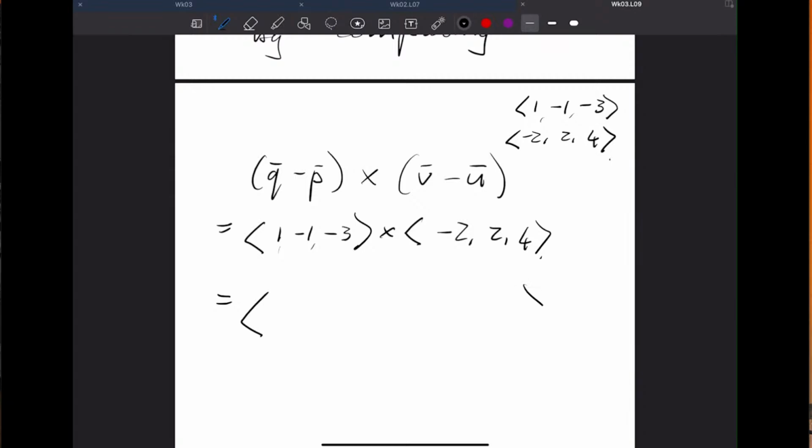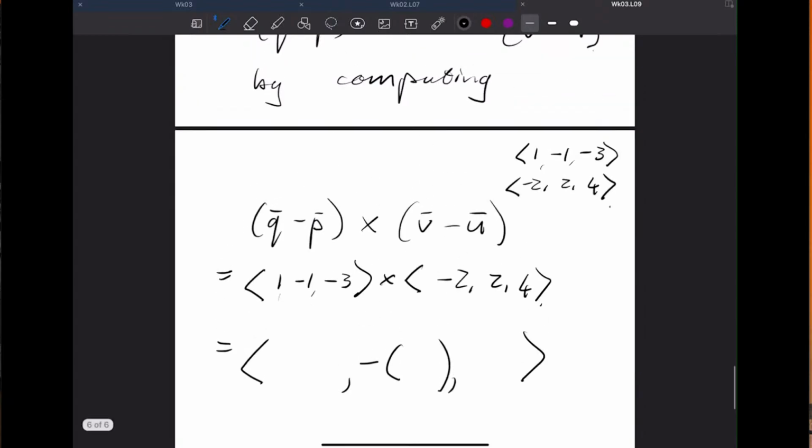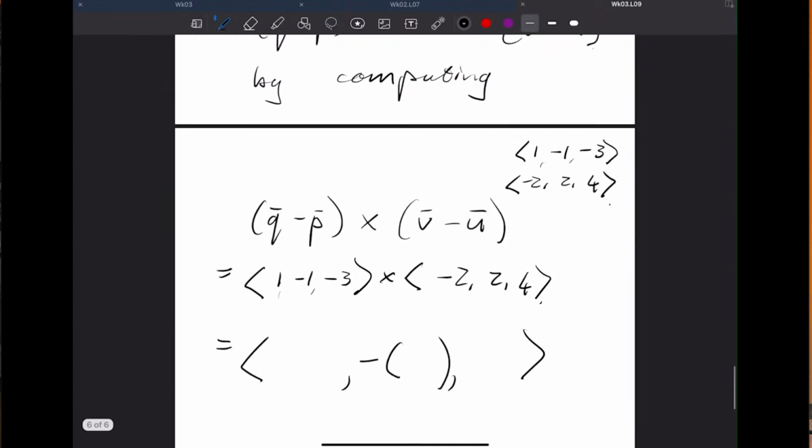And now we're looking for the three components of the cross product. And remember, do not forget that we need to put a minus in the middle component. That is very important. Okay, so now we're ready to compute our cross product.